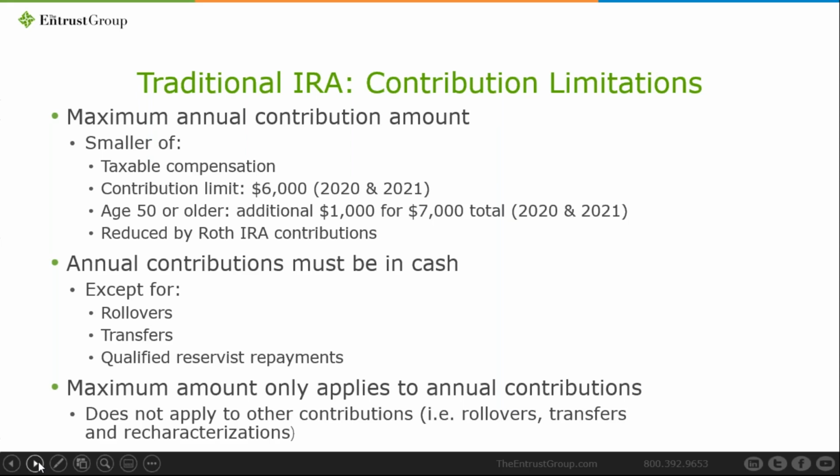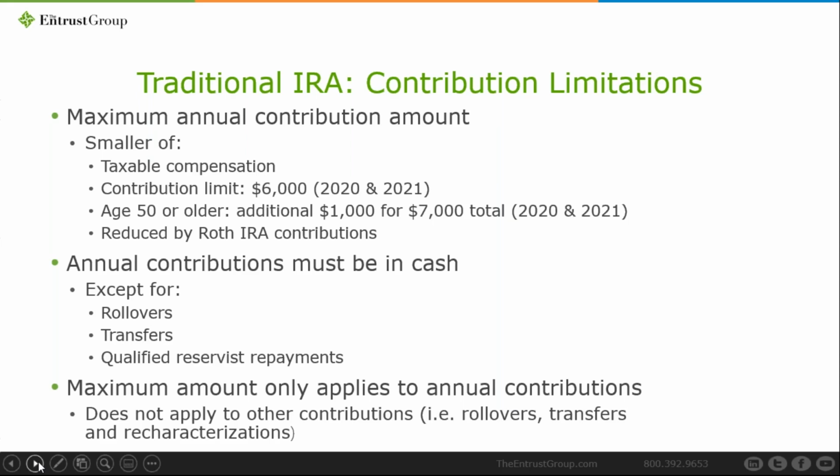Right? Other types of dollars coming into an IRA, as illustrated in a couple of slides before, there are other types of contributions, such as rollovers, or maybe even a non-reportable transaction called a transfer. Those do not have to be in cash. Why? Because those assets are already in existence in an IRA, just being moved to another IRA, as an example, or from a 401k plan being moved to an IRA.